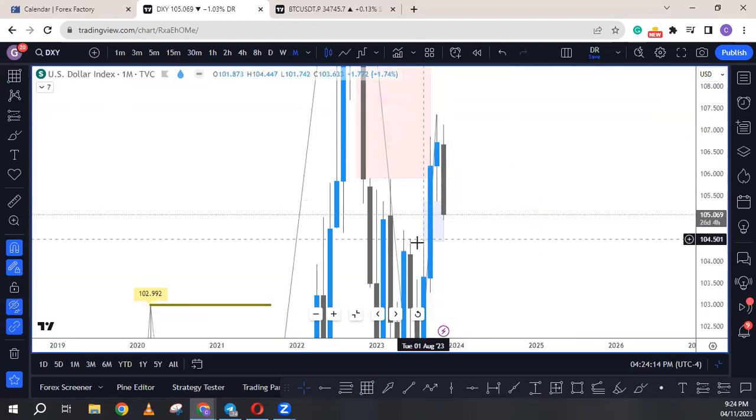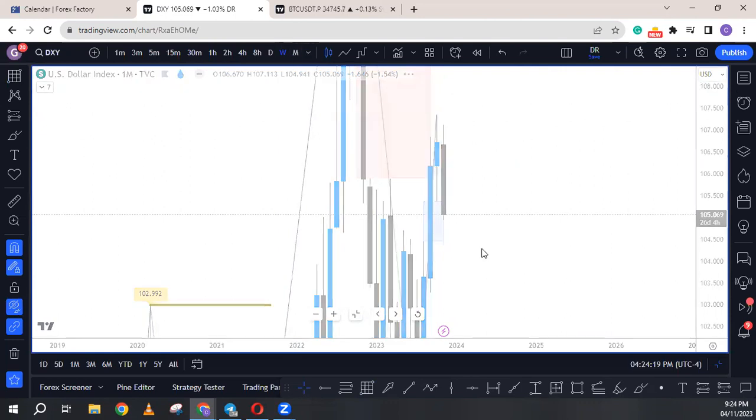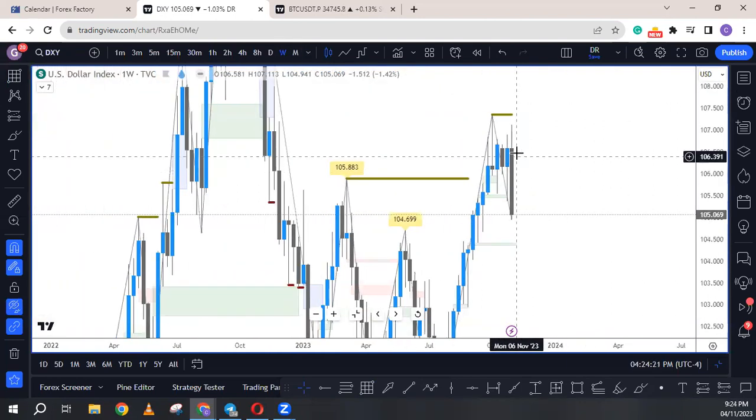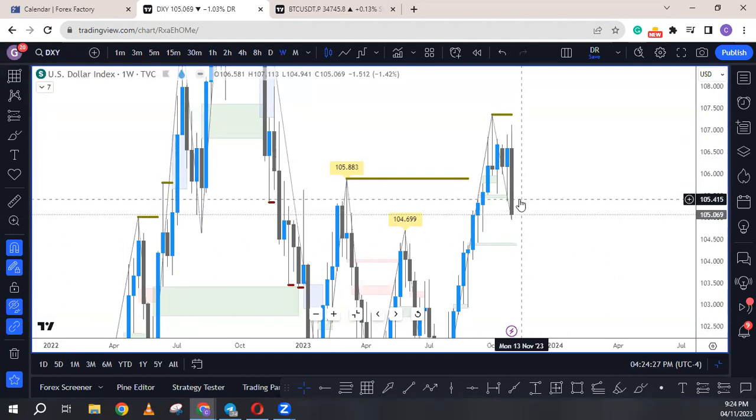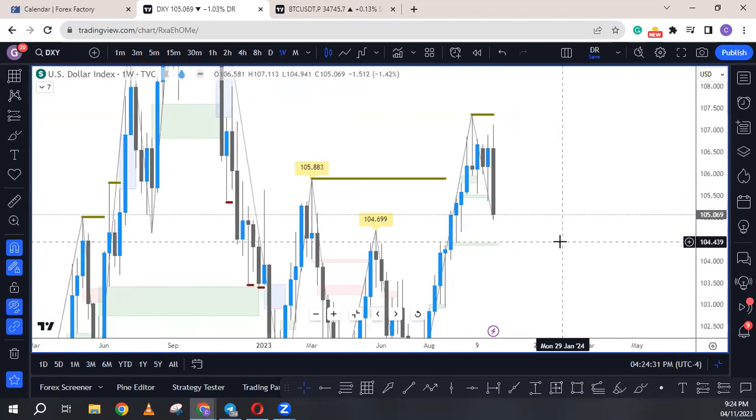Let's remember that. If we go down to the weekly, we see that this weekly has closed as a bearish engulfing candle. That points to the possibility of further weakness.